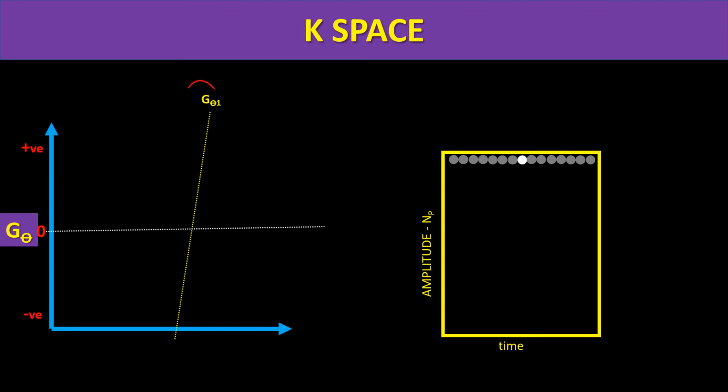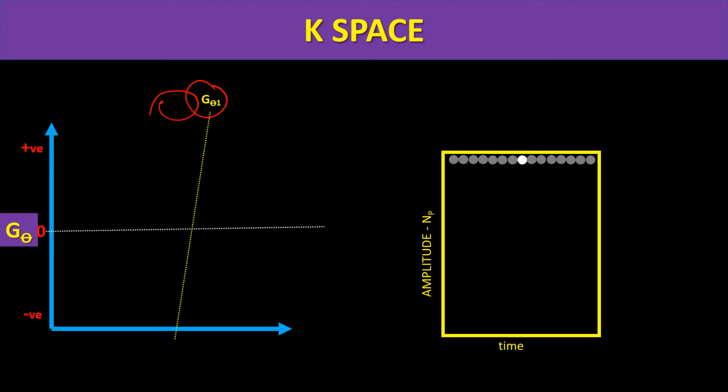So in the first phase encoding gradient, there was maximum loss of energy. As I go more and more towards the middle of the K space, the energy loss was less. Now again, as I go towards the periphery, there is more gradient, so there is more loss of energy.